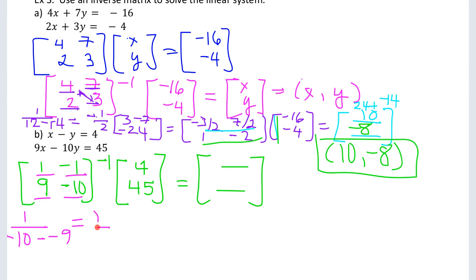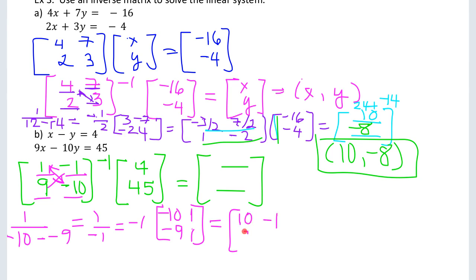So it's going to be 1 over negative 1. So that's negative 1 distributed in to switching of 1 and negative 10. So that's negative 10 and 1. And changing the signs of those is 1 and negative 9. It's going to be 10, negative 1, 9, negative 1.